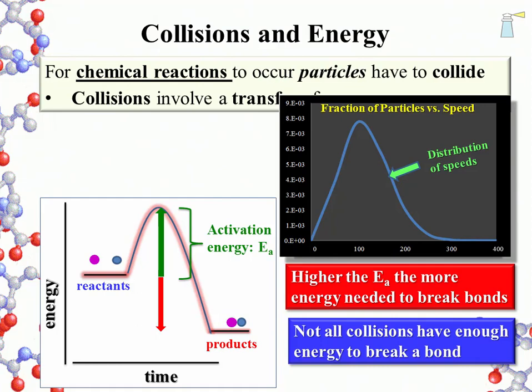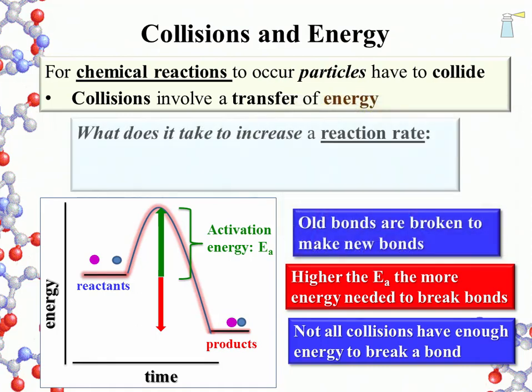With this in mind, and collision as our guide, we can ask the question, what does it take to increase the rate of a reaction? We will limit the discussion to increasing the rate of the consumption of reactants. The short answer is to have more collisions with sufficient energy to overcome the activation energy barrier.